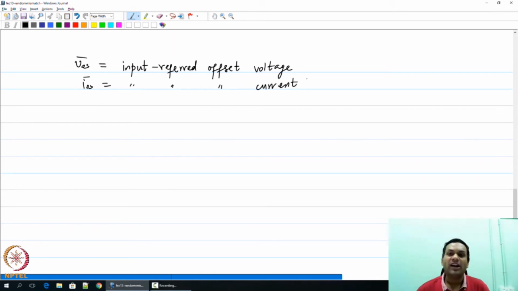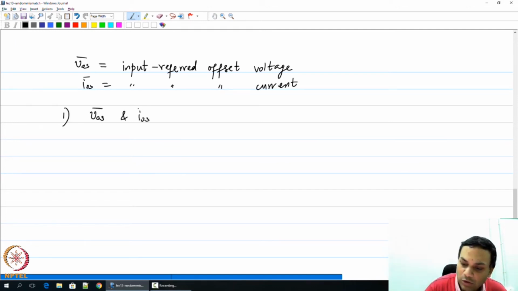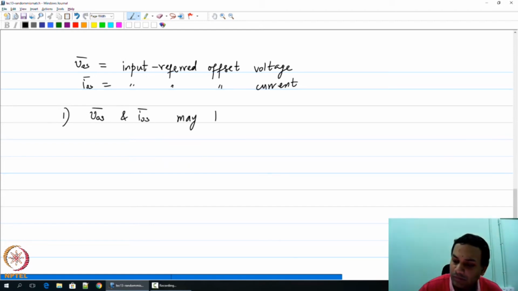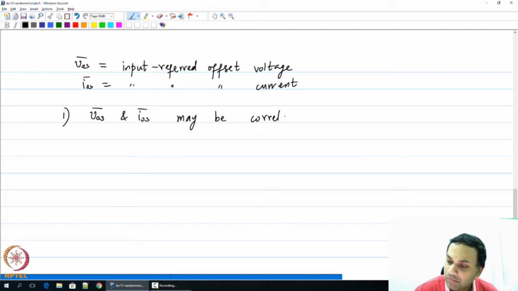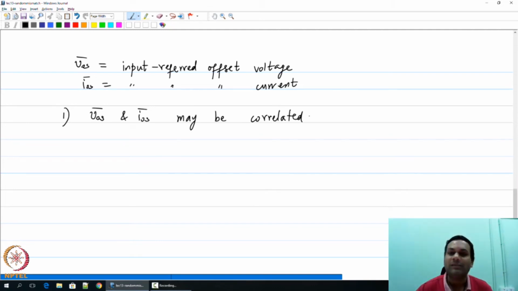Please note that since we are talking about statistical quantities, it is quite possible for VOS and IOS to be correlated. I only say may because it is also possible for them to be completely uncorrelated, so it is possible for them to be wholly or partially correlated.